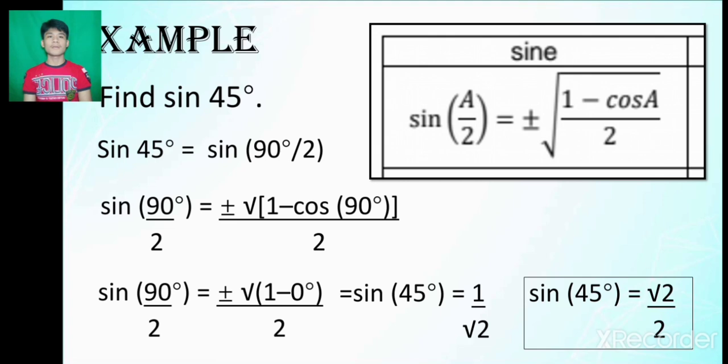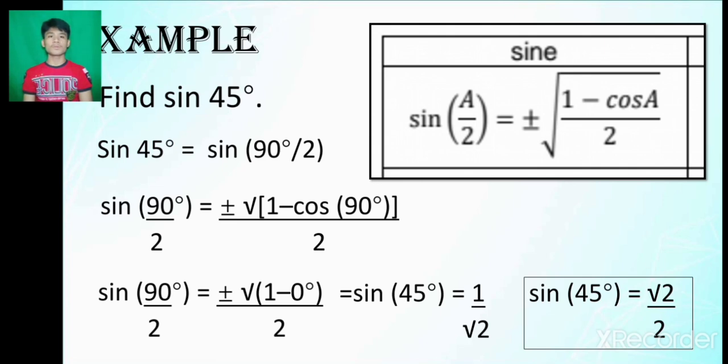So we have positive negative square root of bracket 1 minus cosine parenthesis of 90 degrees, which is the value of our A, bracket over 2. Next step, copy sine 90 degrees over 2 is equal to positive negative square root of 1. Then the value of cosine 90 degrees is equal to 0.